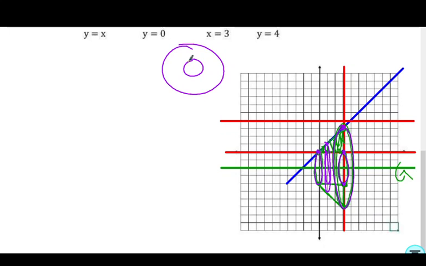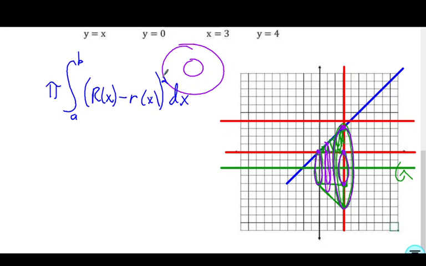Okay? And if we look at this equation for the disk versus the washer, a washer looks like this: integral from A to B of big R minus little r, squared, dx.